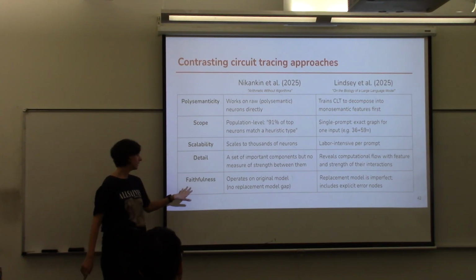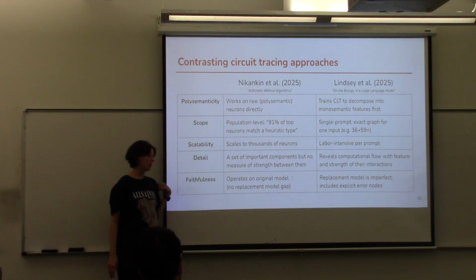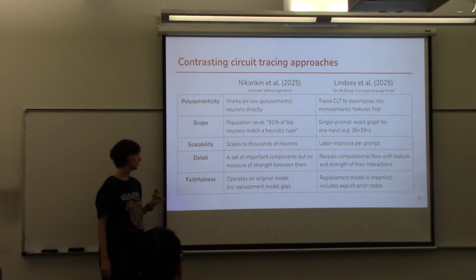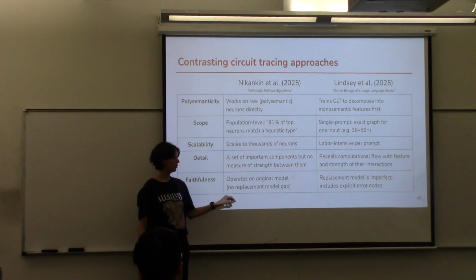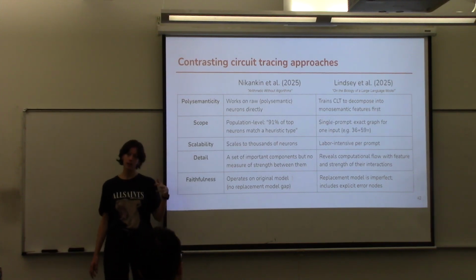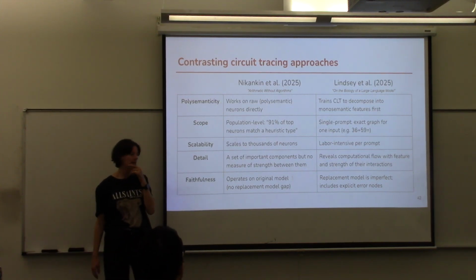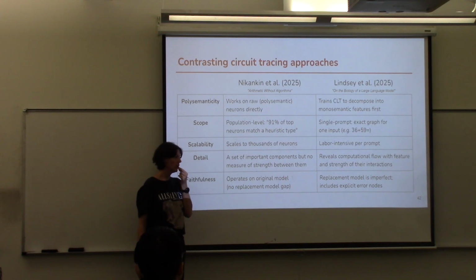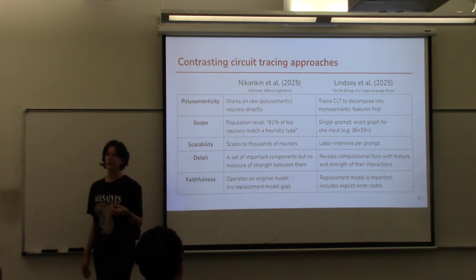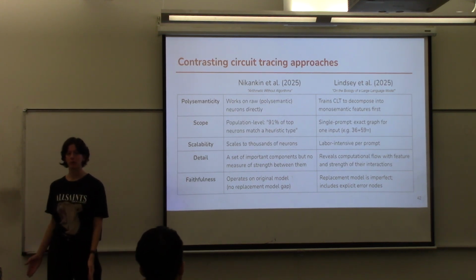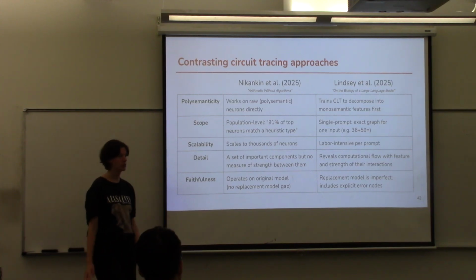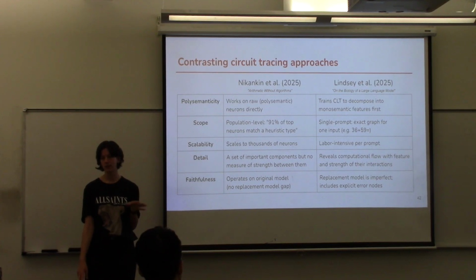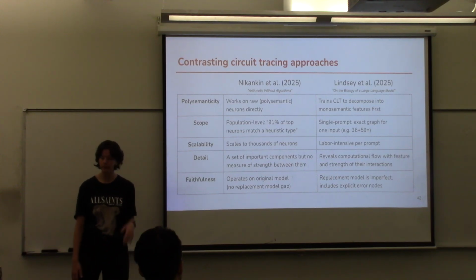And then, in terms of faithfulness to the original models, there is no notion of the replacement model per se, like cross-layer transcoder. With cross-layer transcoder, we have the problem that's an open research problem, right? These cross-layer transcoders aren't perfect, and we are starting with something that already at the first place has a little bit of loss of information.